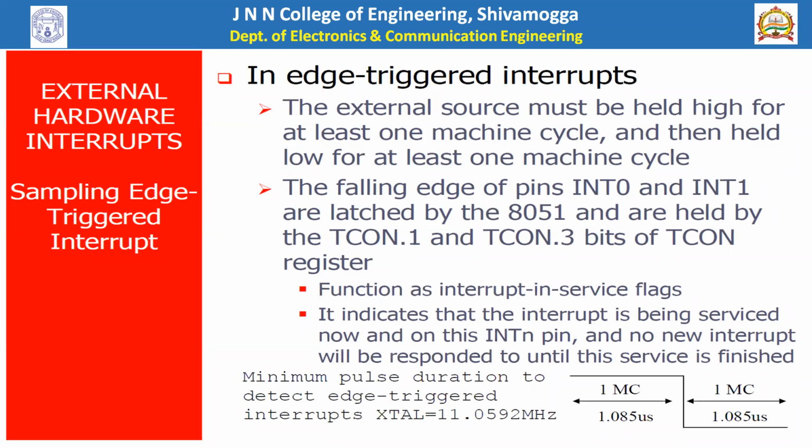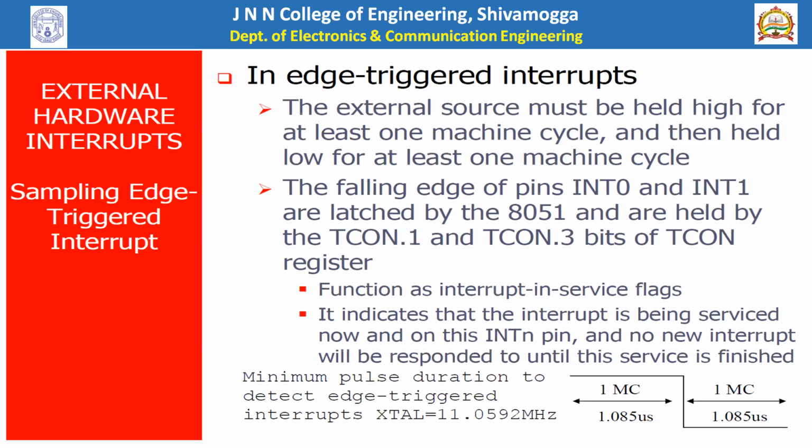The minimum pulse duration to detect an edge triggered interrupt is always one machine cycle. One machine cycle is 1.085 microseconds.